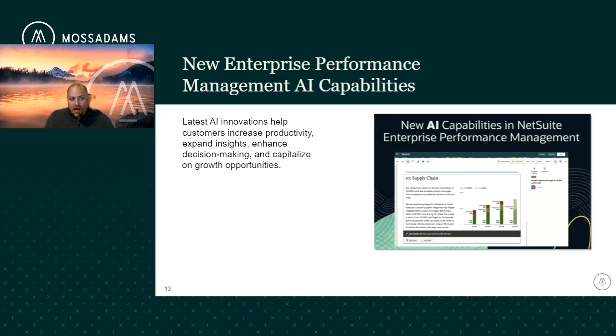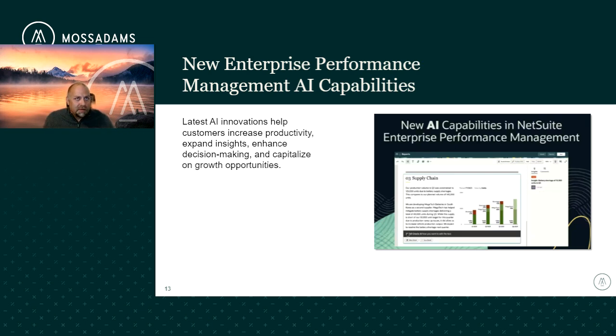The next area to talk about is new AI capabilities with Enterprise Performance Management. Those of you that are not familiar with NetSuite's Enterprise Performance Management bundle, essentially they've lumped a few different modules together into a package called EPM, or Enterprise Performance Management.